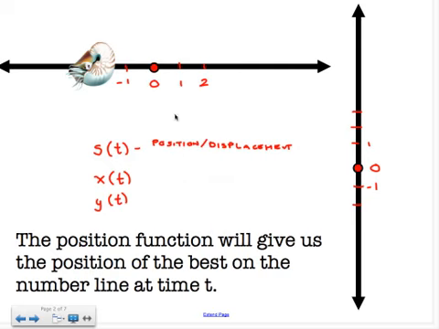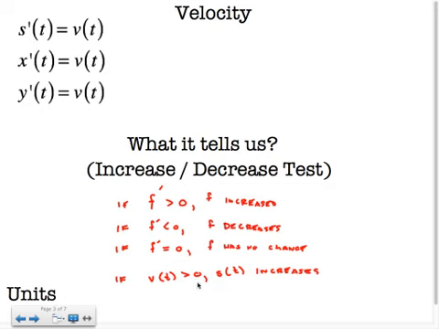If my position is going to increase, that means the numbers are going to get larger. So if I'm on a horizontal number line, that means I have to be moving to the right because my numbers are getting larger. If I'm on a vertical number line, then my numbers getting bigger would mean I am moving upward. So in this context, if the velocity is positive, s of t increases, which means the beast moves in a positive direction.